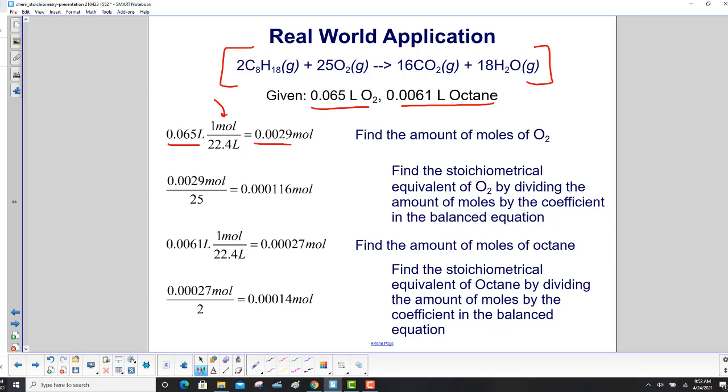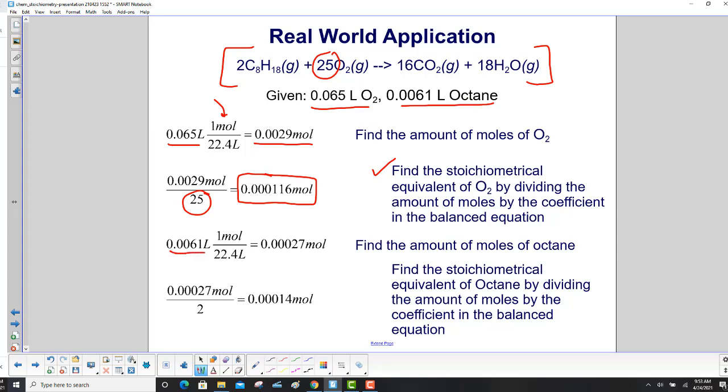So we have 0.0029 moles of oxygen. Then find the stoichiometrical equivalent of oxygen by dividing the amount of moles by the coefficient in the balanced equation. Well, here we have a 25 in front of oxygen, so we divide the number of moles by that, and we get 0.000116 moles of oxygen.